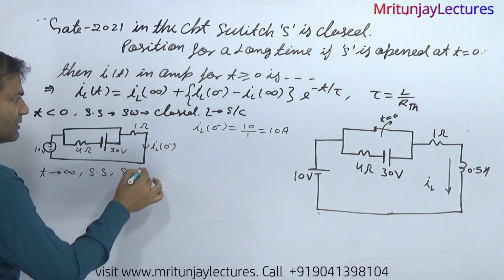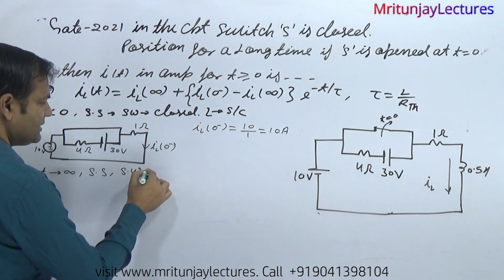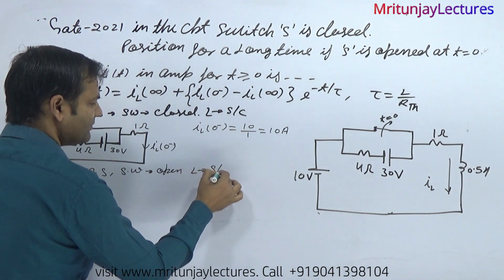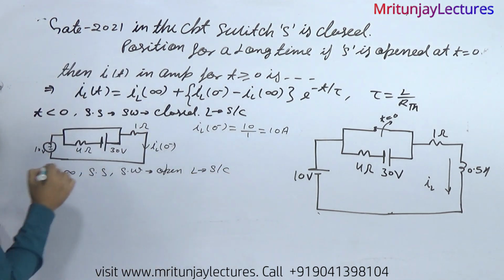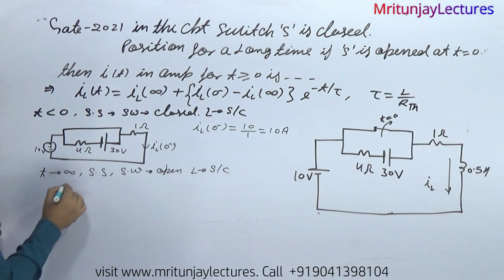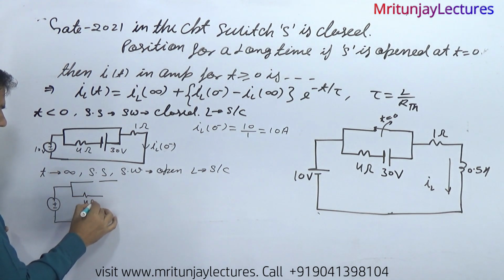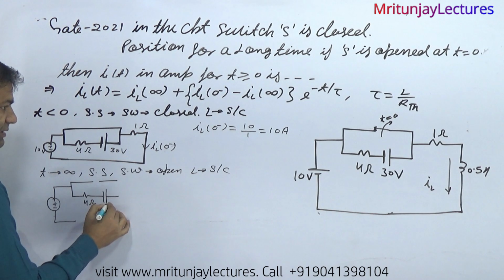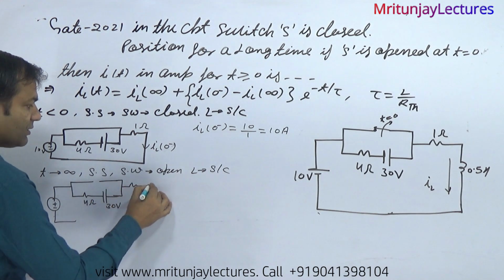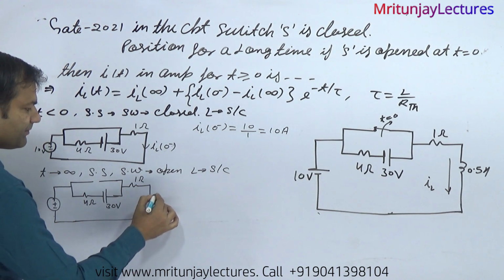Now t tends to infinity, at steady state. What about the switch? At that time the switch is open. What about the inductor? The inductor behaves as a short circuit again. At that time the circuit is simply: the source, this is open, that is 4 ohm, this one is 30 volt, and this one is 1 ohm, and the inductor behaves as a short circuit.